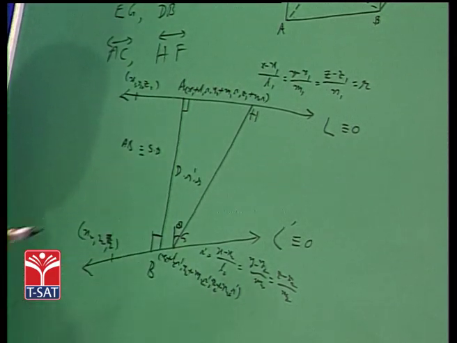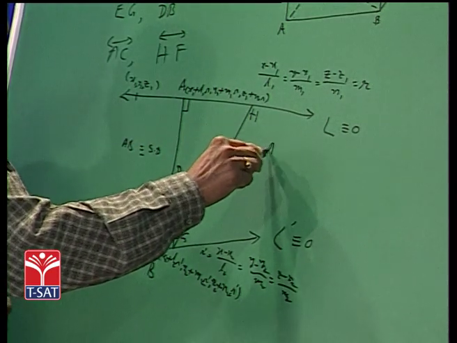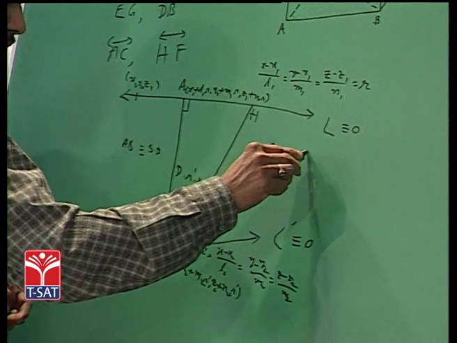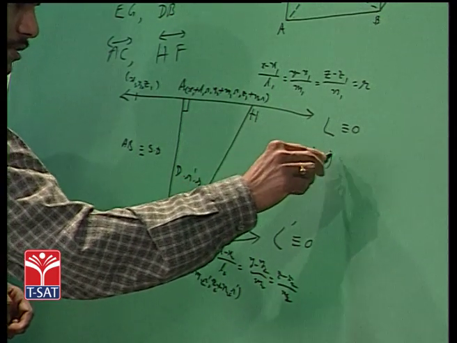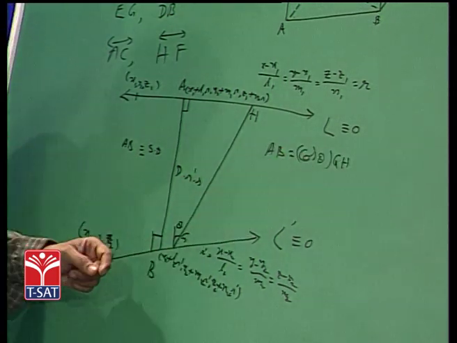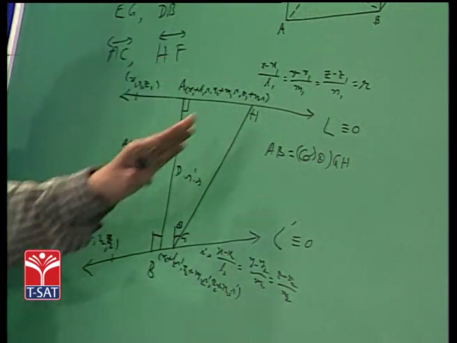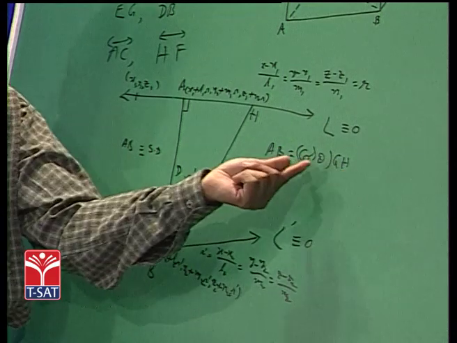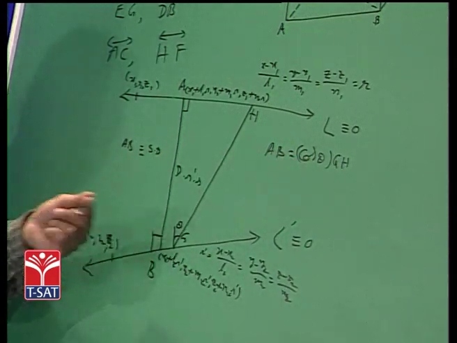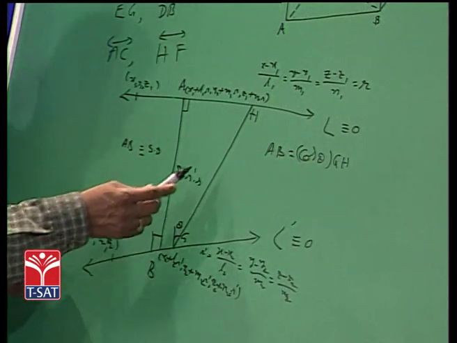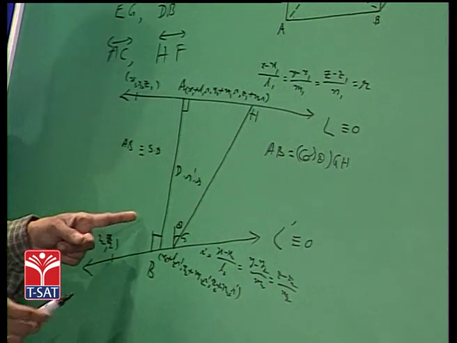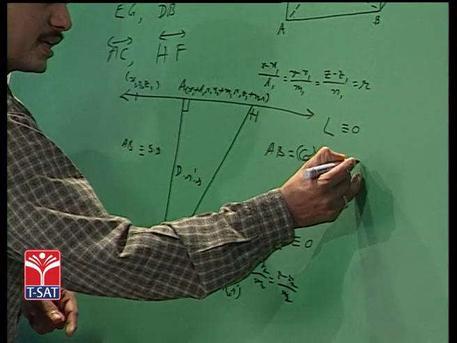Then cos theta is AB by GH, therefore AB is equal to GH into cos theta, and here theta is greater than 0, therefore cos theta will be less than 1.